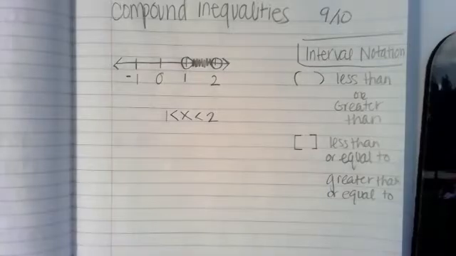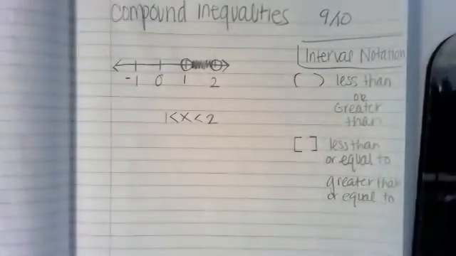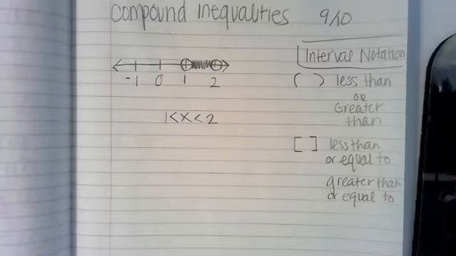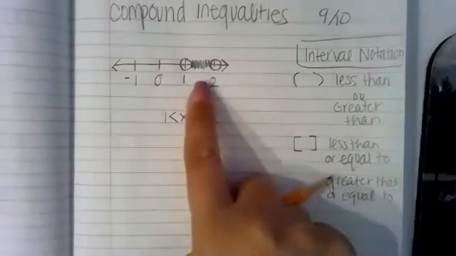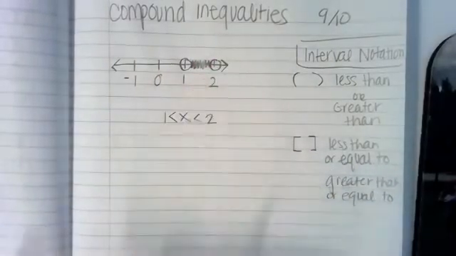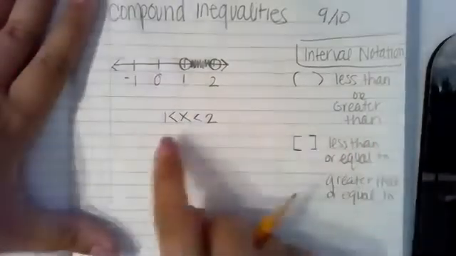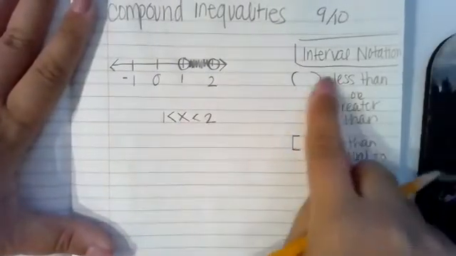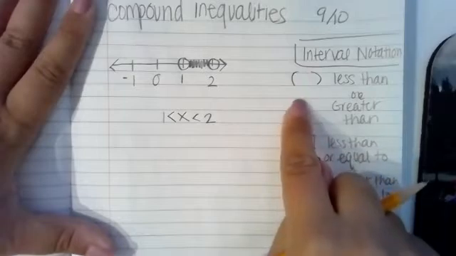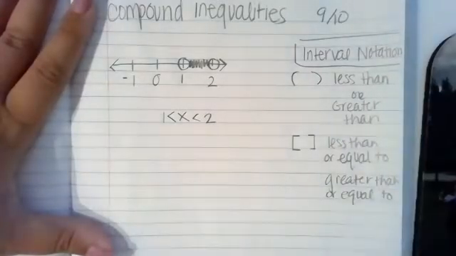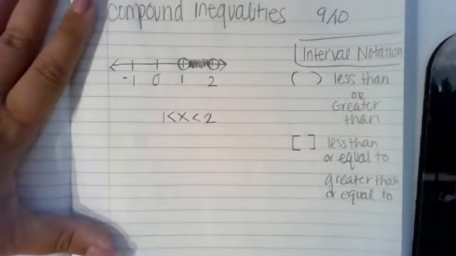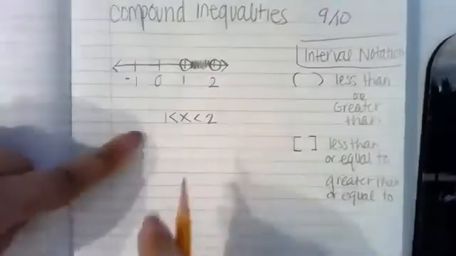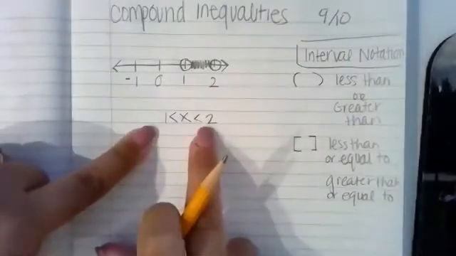In order to write this, we only include the numbers that are included in our answer set. This is less than, greater than, which means I'm only using parentheses, and I have the numbers 1 and 2.